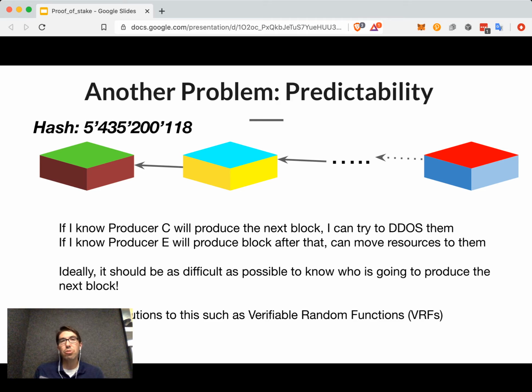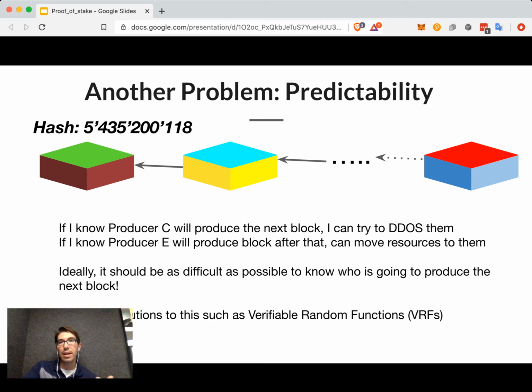So there are some solutions to this that I'm not going to discuss in depth in this lecture, but one is verifiable random functions, where we take as input to the function to determine the next block producer on-chain pseudo-randomness seed data.